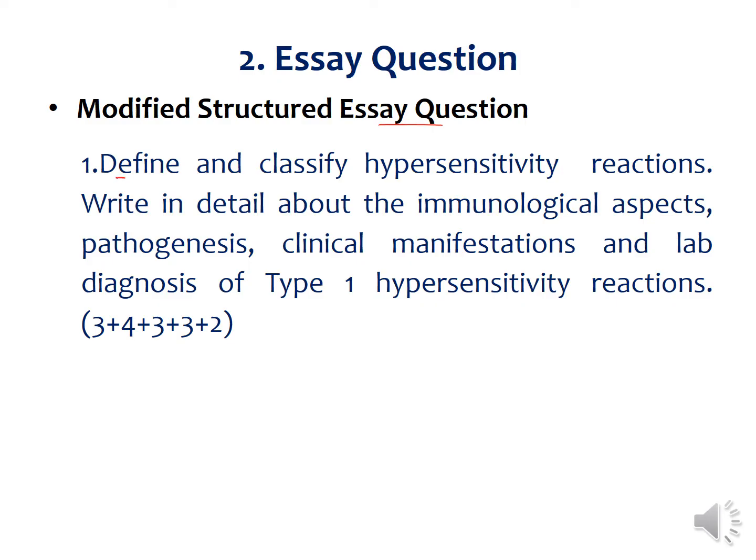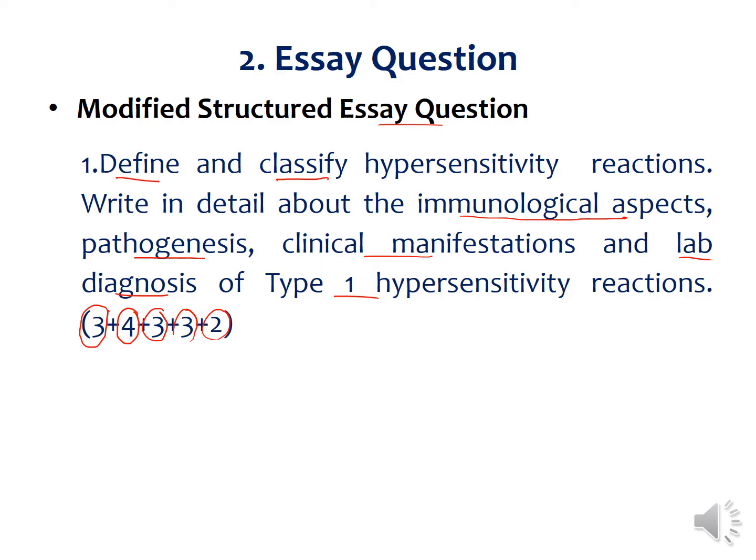One is definition you have to write, and classification of hypersensitivity, and their immunological aspects, and pathogenesis, and clinical manifestations of this type 1 hypersensitivity, including its laboratory diagnosis, and each objective will be given some marks. See, 3, 4, 3 like this. So unless you answer in all the aspects of this particular type 1 hypersensitivity, you will lose marks.